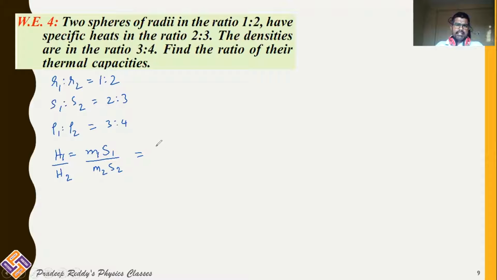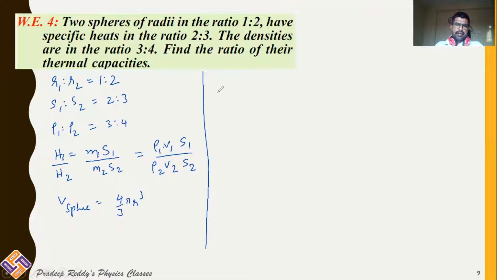Mass can be written as density into volume, that is ρ1 V1 S1 divided by ρ2 V2 S2, where V1 and V2 are the volumes. What is given to you? There are spheres. These two are spheres. Therefore, the volume of the sphere is 4/3 π r³. You can just substitute that here.